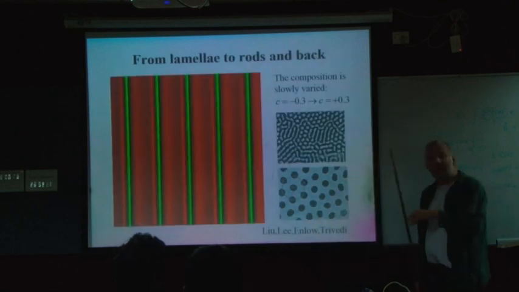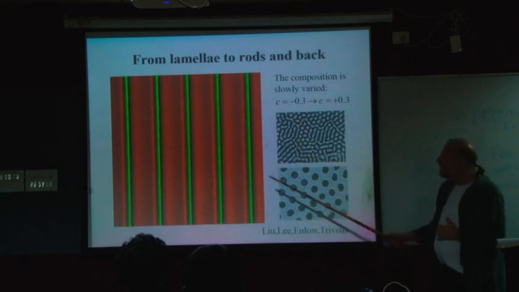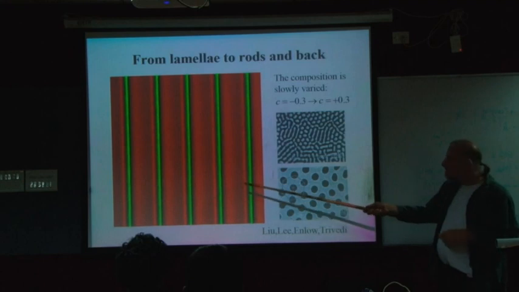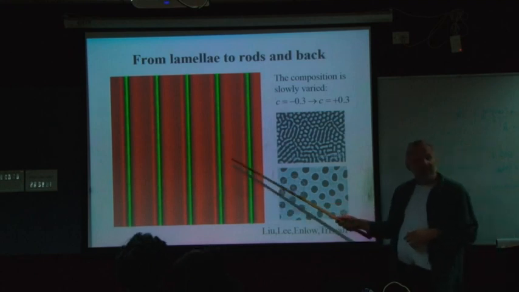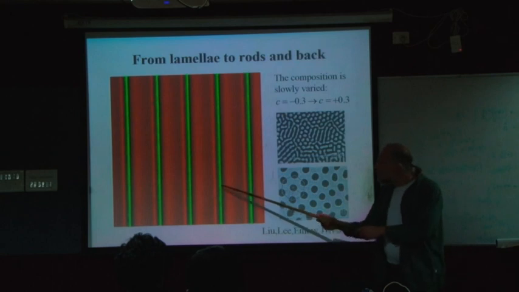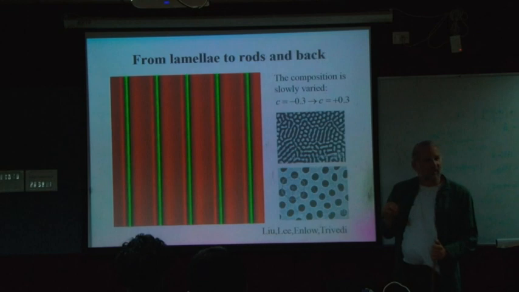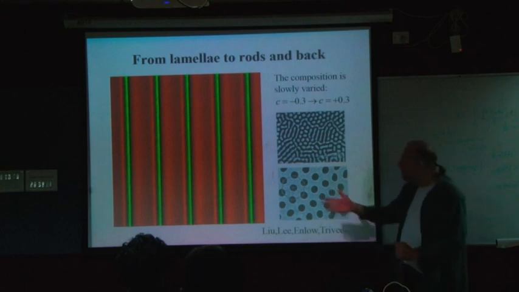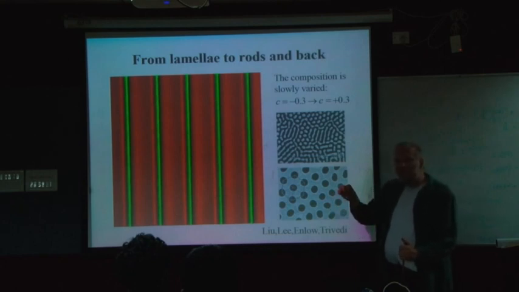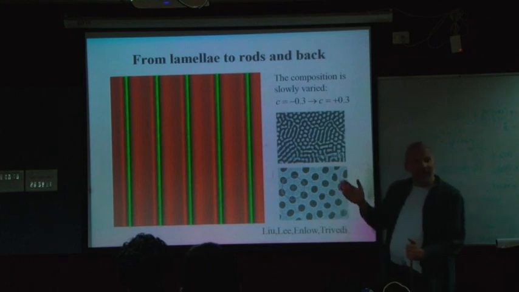And here is another movie where I start from some very thin green lamella, and you will see that they are immediately unstable. They will decay to rods. But what's interesting is that the volume fractions here are determined by the composition of the liquid in front of the crystallization front. And what I can do in the simulation is slowly change that composition, so the volume fraction slowly changes with time.